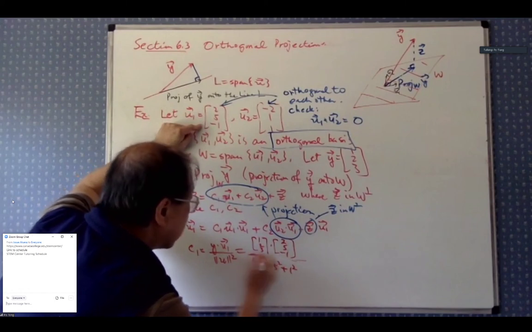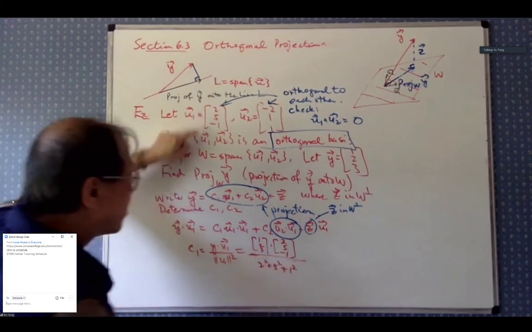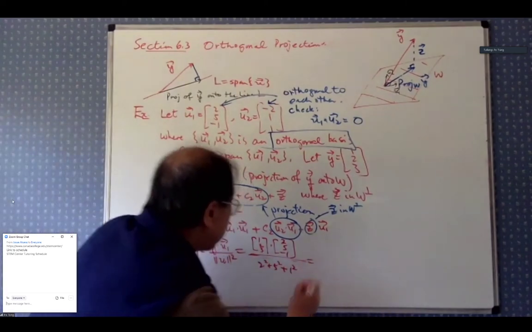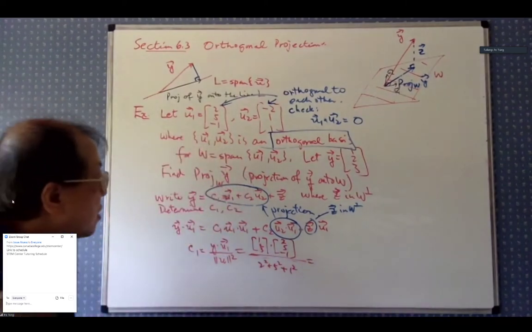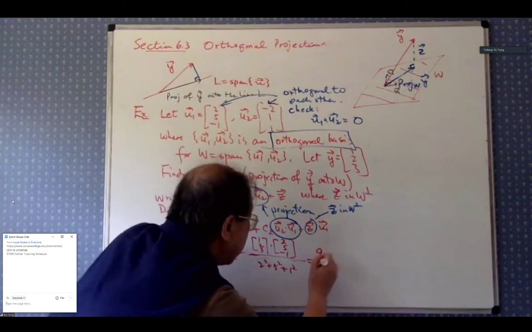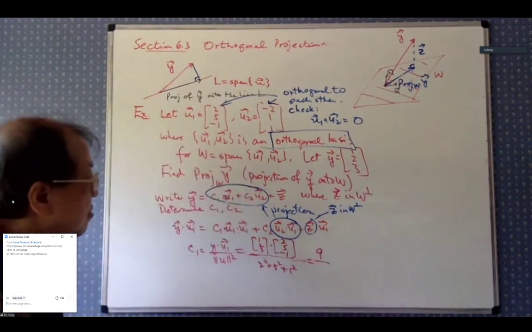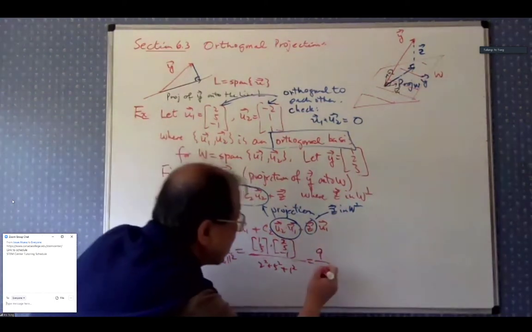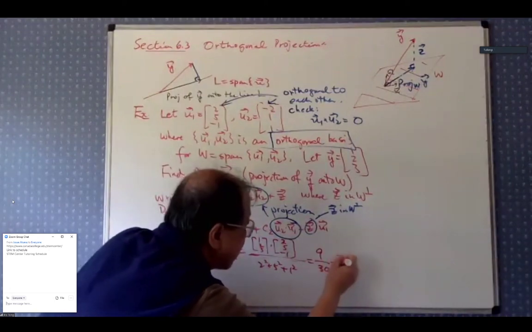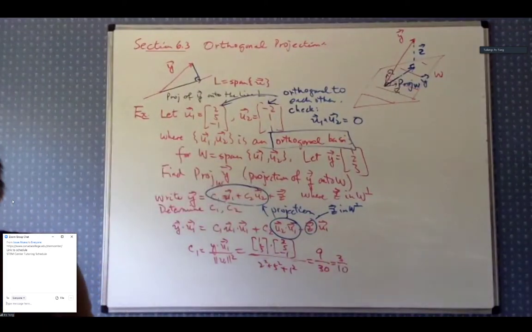So that is my C1, which is equal to 10 plus 2, 12, 9 over 30, which is 3 over 10. Is that correct?